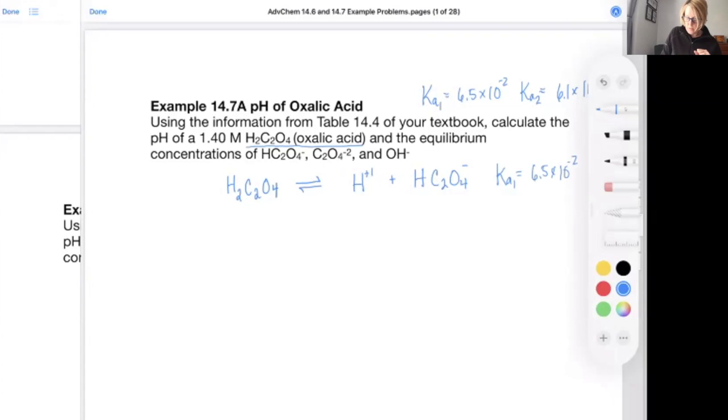Now the Ka2 would be represented by taking the hydrogenated oxalate ion and pulling off the second hydrogen ion and then getting the final oxalate ion.